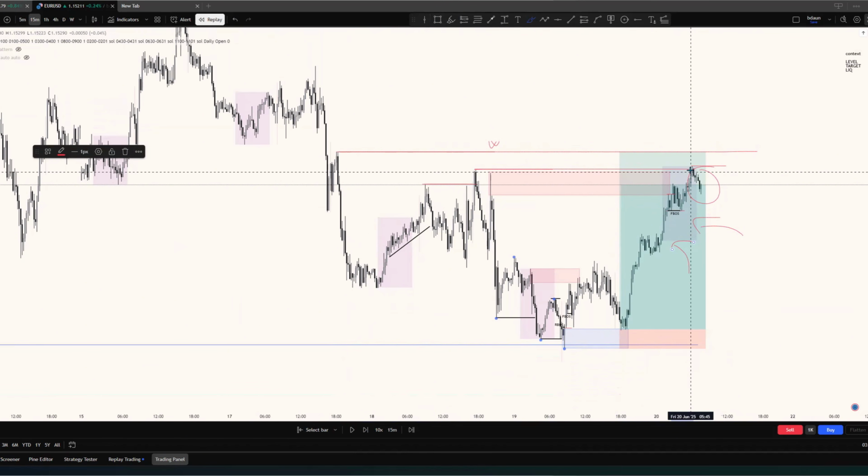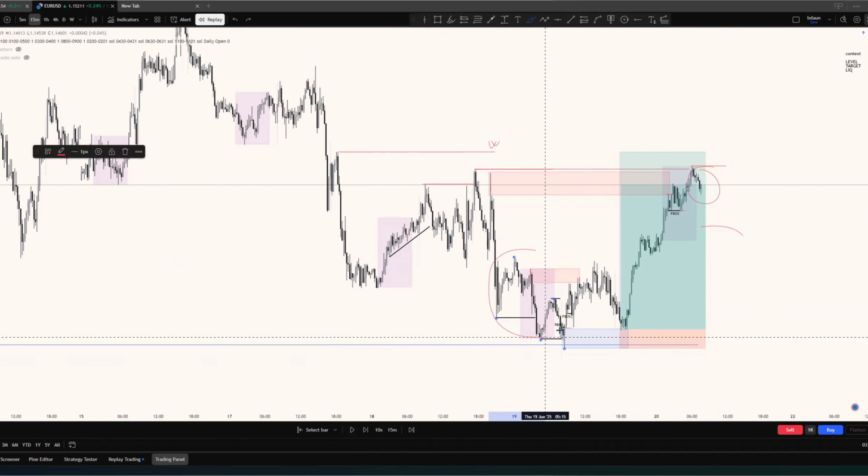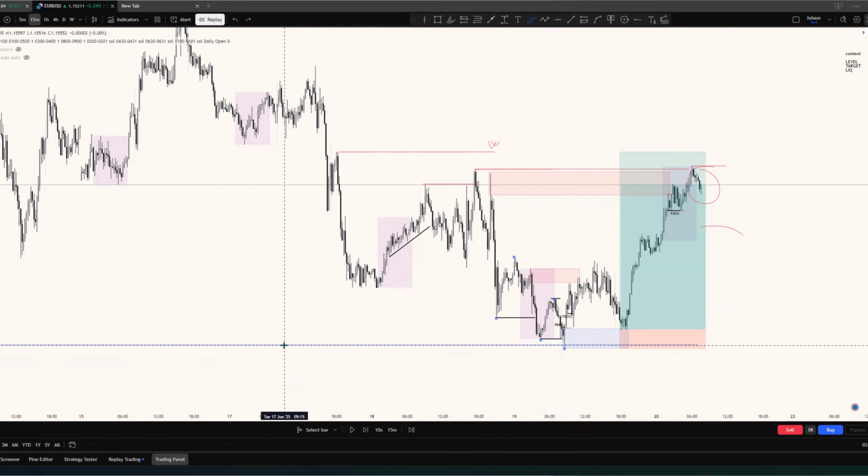So it has a potential to pull back, but it also has a potential to go straight into the target, right? The bias for this day is literally 50-50 compared to this day when you have clear Asia intention, a clear high time frame key level, and a clear target. Here you don't really have anything to do. You cannot take any high probability trades. So I don't take any trades on Friday.